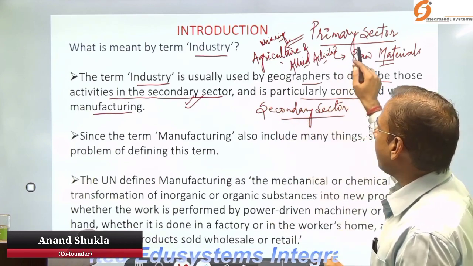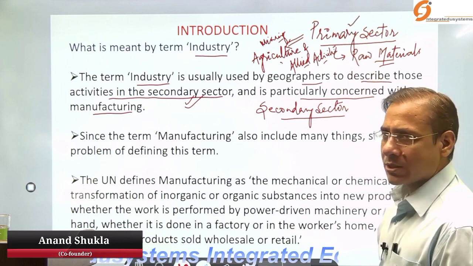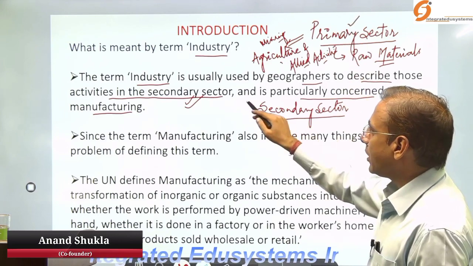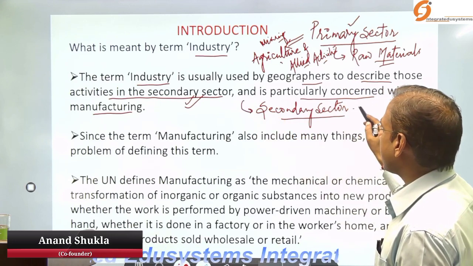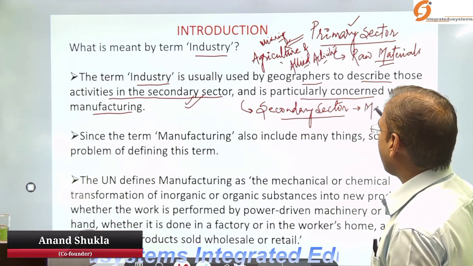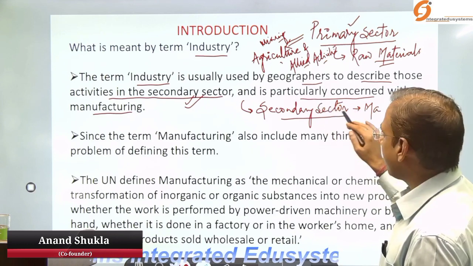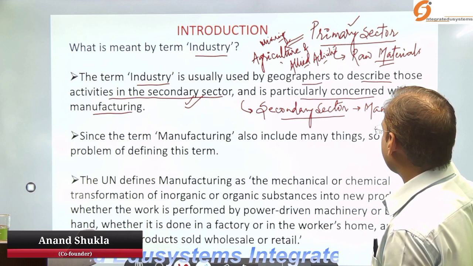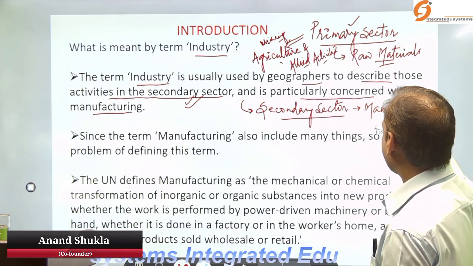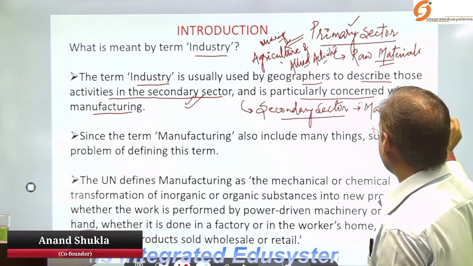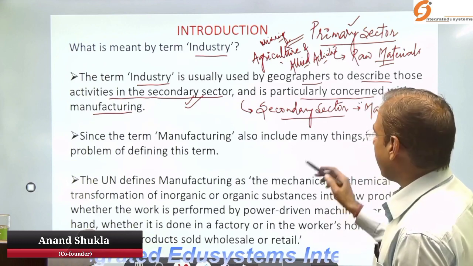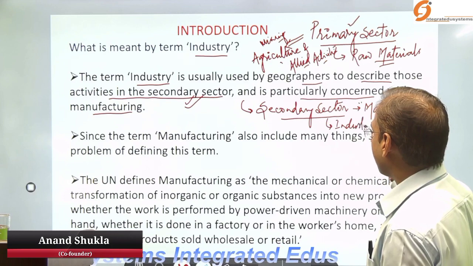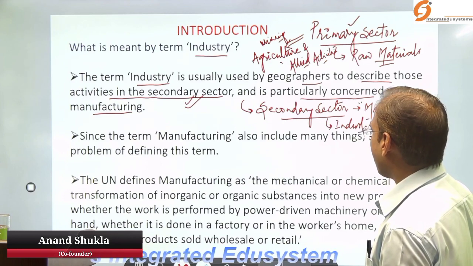This raw material is developed by the primary sector of economy, and this raw material is utilized by the secondary sector, which is particularly concerned with manufacturing. So industries come under the secondary sector of economy.